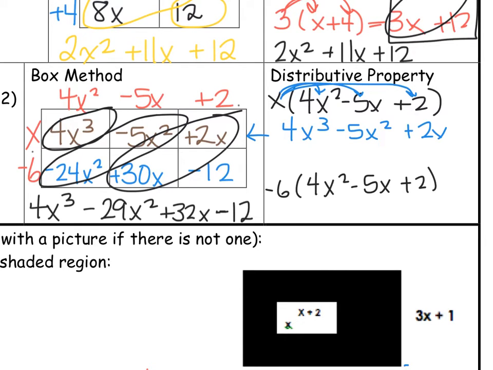And then the next one, negative 6 times everything in that second set of parentheses is going to give me negative 24x squared plus 30x minus 12, which is what we got right there. And again, if we combine like terms, 4x cubed is right here, negative 5x squared, negative 24x squared is negative 29x squared, 2x and 30x are 32x, and then just bring our constant down.